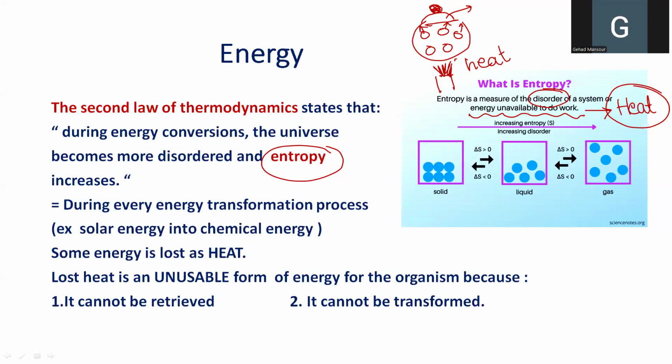So as I've just said, the energy unavailable to do work is heat energy, but it's not all heat energy. This doesn't mean that all types of heat energy are not allowed to do work, but there is a certain amount, part of the heat energy, that is unavailable to do work.